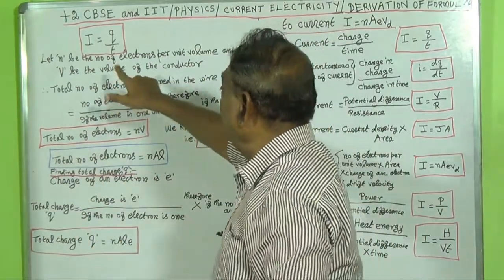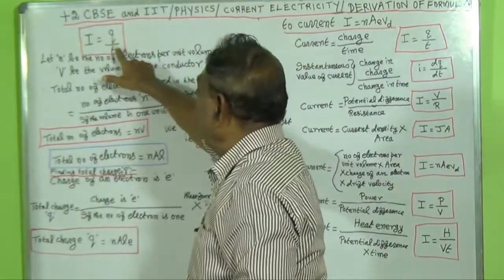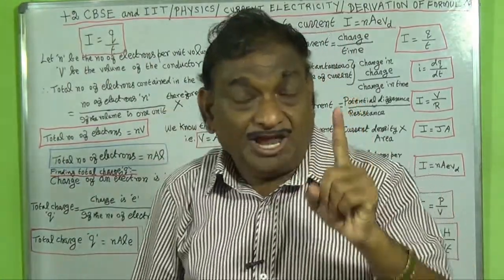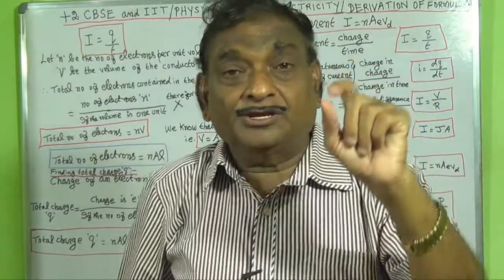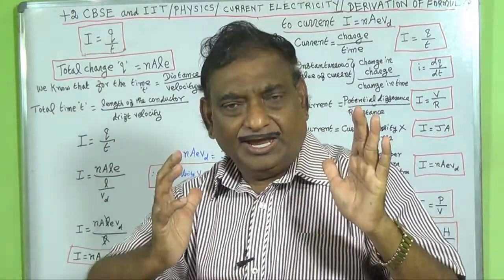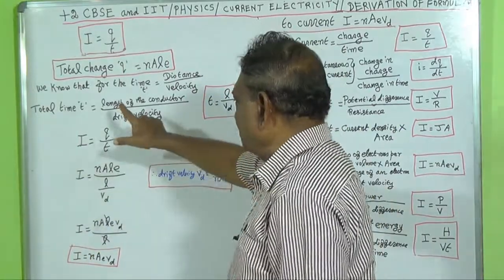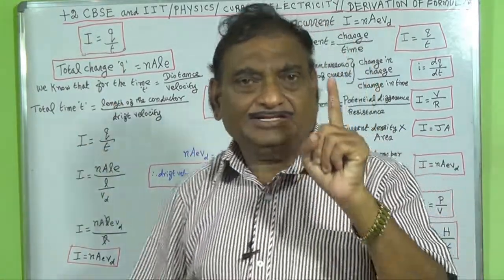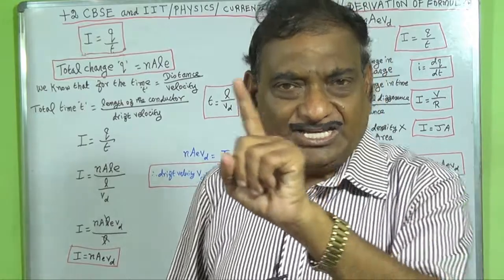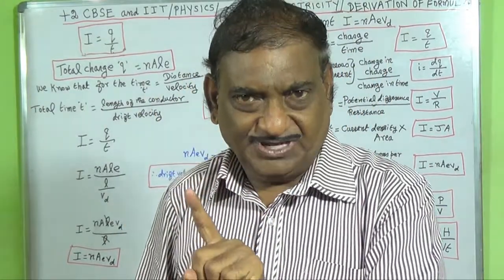Then we have to find the equation for t, so that we can divide the total charge by time. How can we get the equation for the total time t? We know that time t equals distance by velocity.